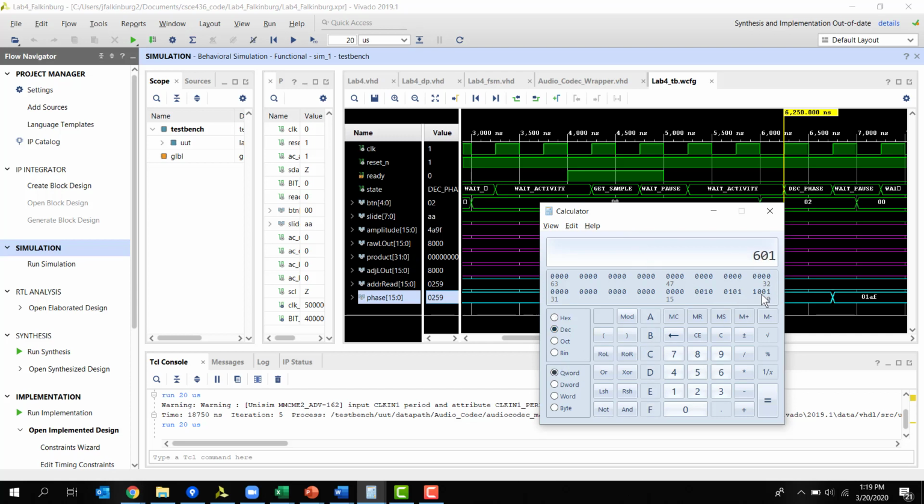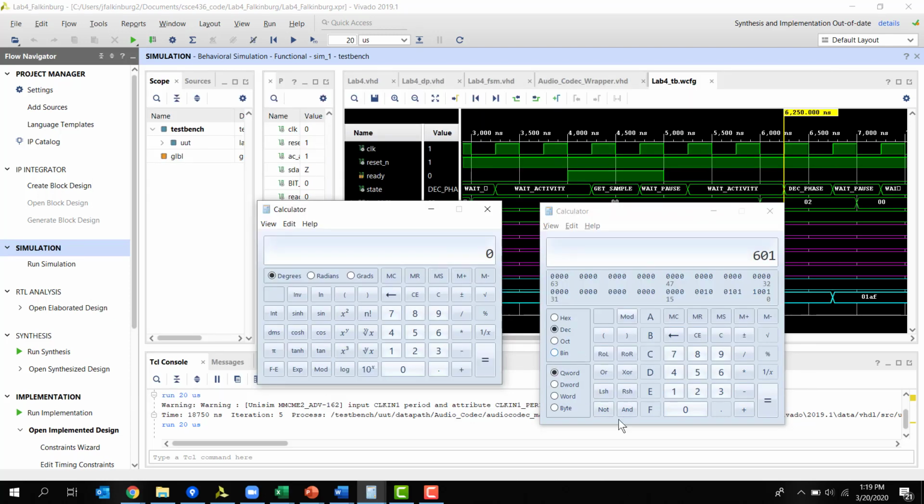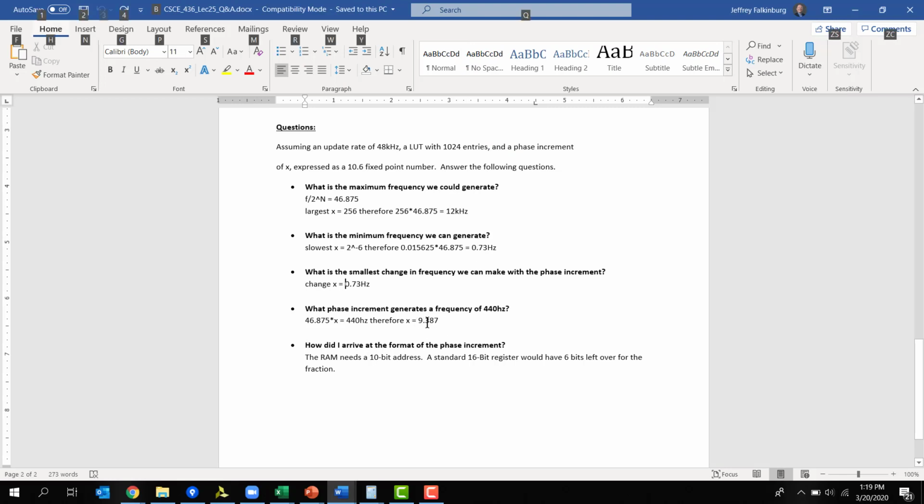That was 601 in decimal, which if you divide that 601 by 2 to the power of 6, is basically 9.387. That was our phase index value.